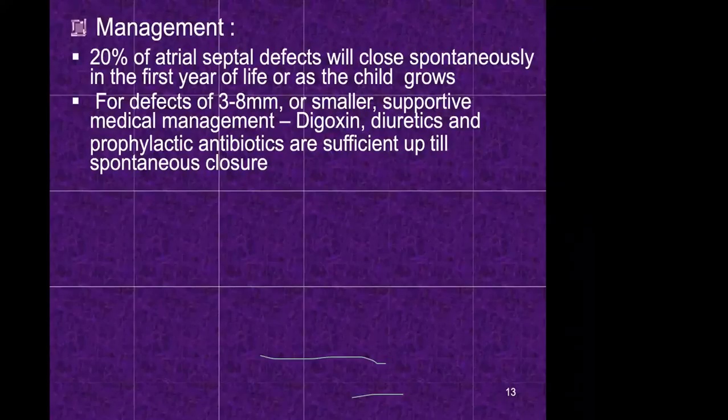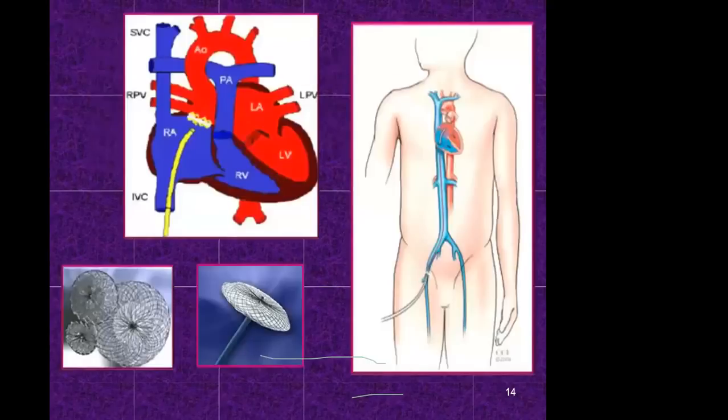Often it may close with the passage of time. If the defect is more than 8 millimeters, surgical repair will be needed. If spontaneous closure does not occur by school-going age, surgical repair becomes essential to prevent lung problems from long-term exposure to the extra blood flow.